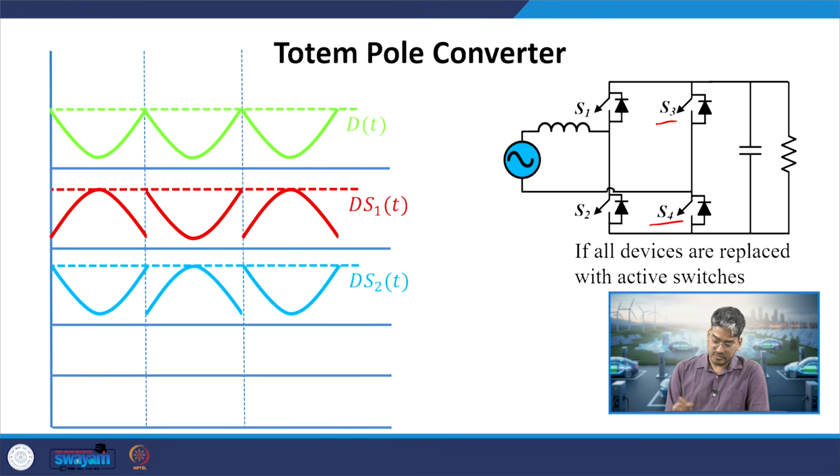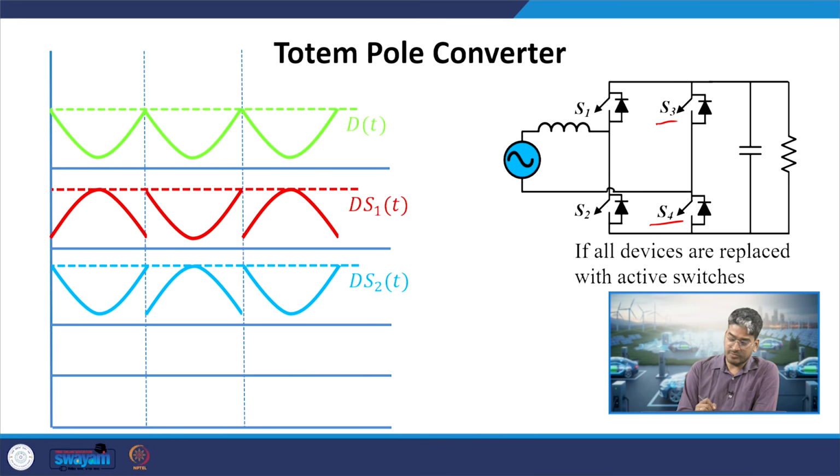Although my diodes were operated at fundamental frequency or the line frequency, when I compare the loss created by a diode and the loss created by a MOSFET or IGBT, diodes will create a higher amount of loss.